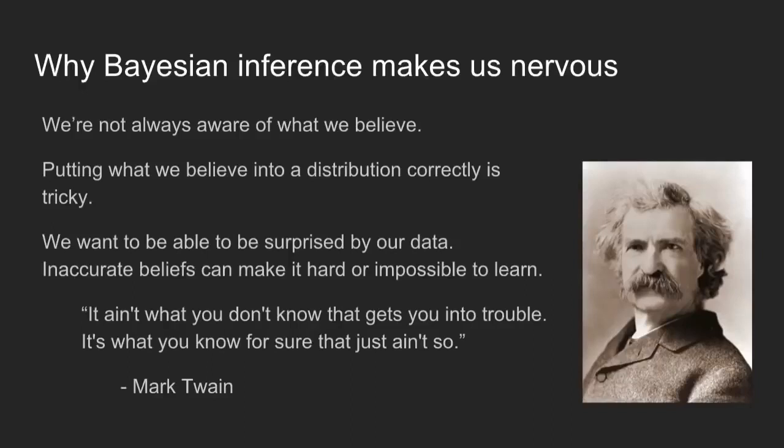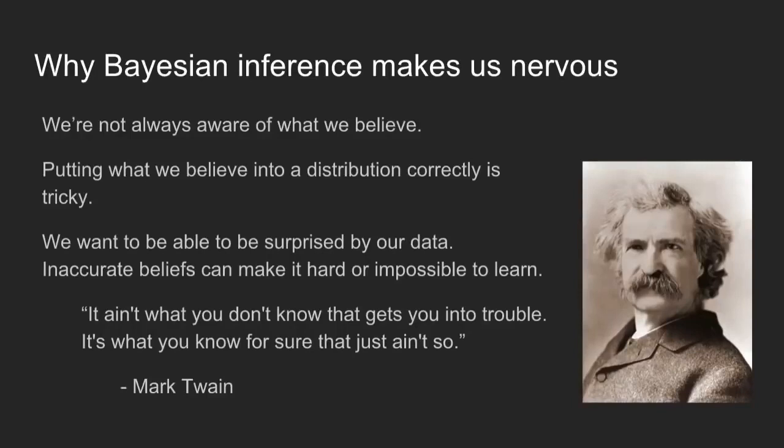We humans are actually not always aware of what we believe, and putting it into a mathematical distribution can be very tricky. More importantly, the reason we're measuring something is because we want to learn about it. We want to be able to be surprised by our data. So if we believe something that's not true, it can make it hard or impossible to learn from our data.